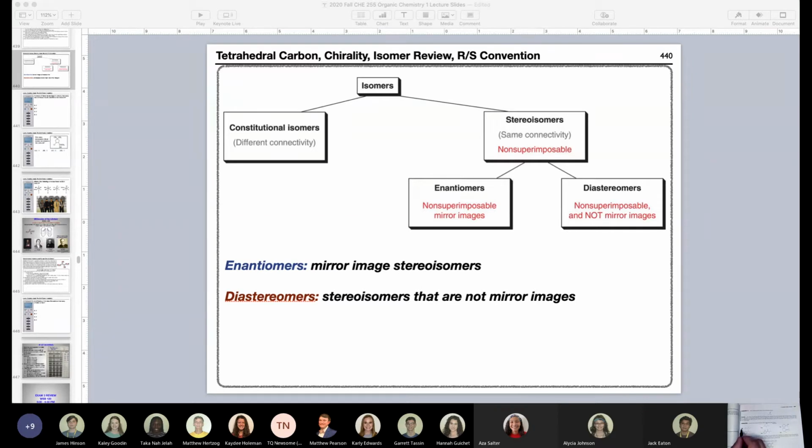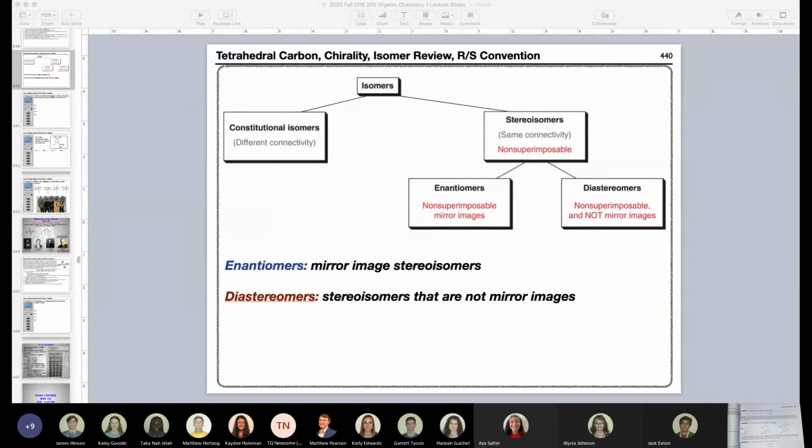Let's start with 7.2. The first thing I want you to do for this structure, 7.2, is name it. So 3-methylhexane is showing up in the chat.